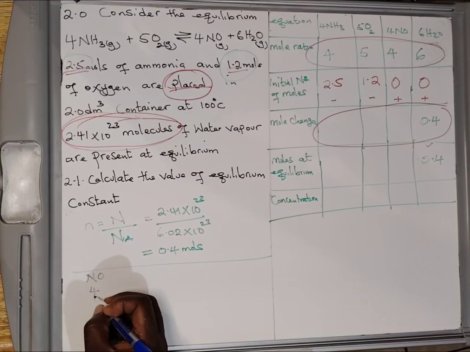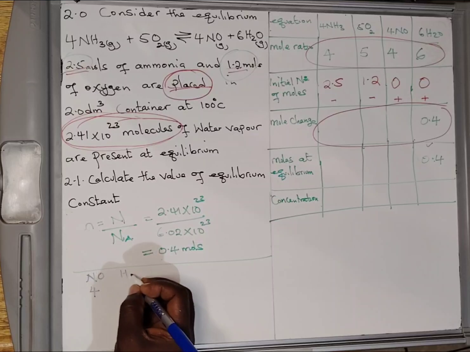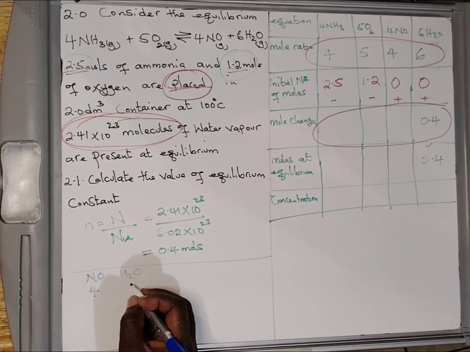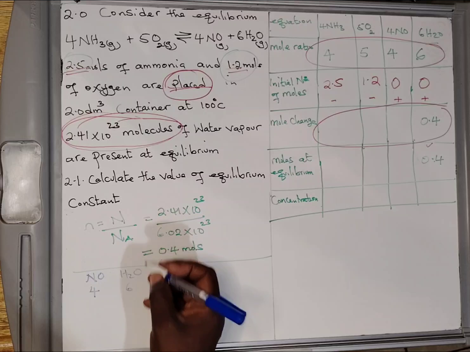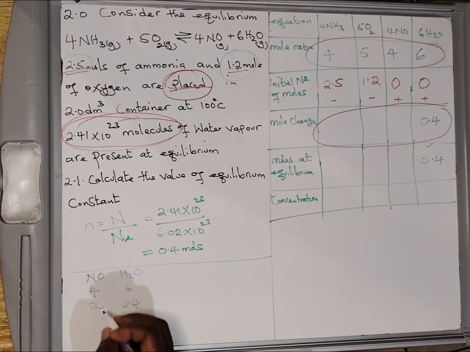The ratio is 4, and you have water vapor, and it is 6. And the water vapor, we know it as 0.4. This one is x, and you cross multiply. You'll get 6x, giving you 4 times 0.4. So x is going to be 4 times 0.4 over 6.